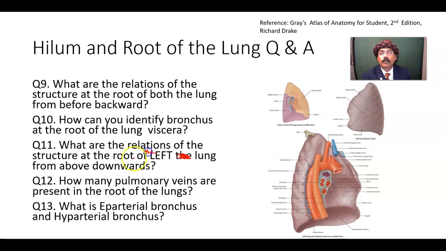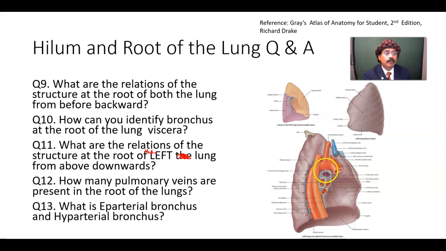What are the relations of the structures to the root of the left lung from above downward? Very easy. Here we have the pulmonary artery, then the bronchus, then the pulmonary vein.